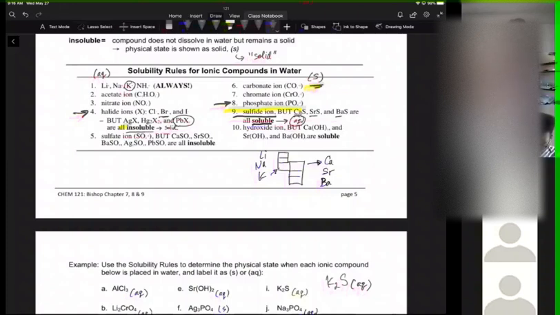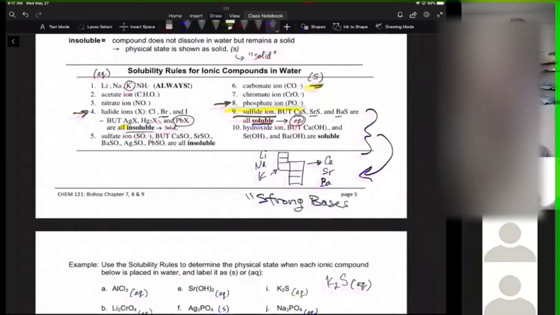Notice that those are all the exceptions in this section here. These end up being the cations for our strong bases. So when we look in chapter 8 for the acid-base section, those will be familiar. So I'm just giving you this little visual on the periodic table for this little shape.